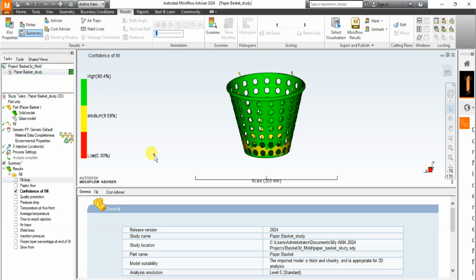Now for the medium, the parts that might have a little bit of defect or difficulty in filling, having quality defects, you see the yellow indicator there.